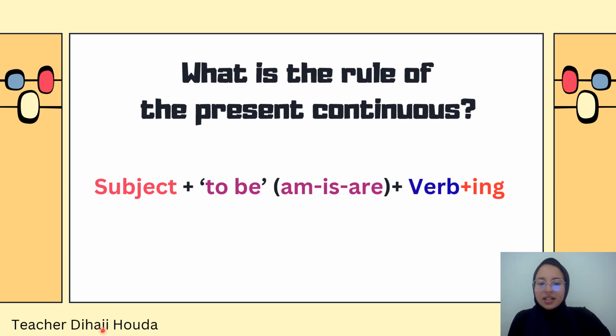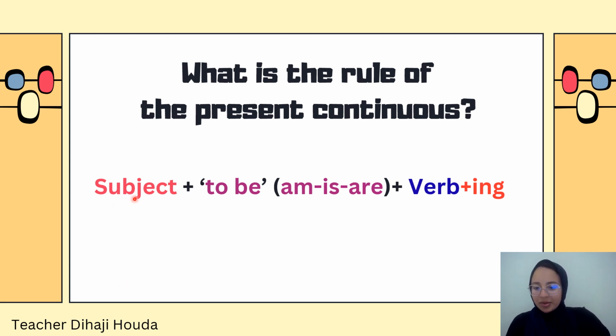As we have seen in the previous lesson, the rule of the present simple is pretty simple, which is the subject plus the verb. And the verb sometimes might take S when we have the subject pronouns she, he, and it. But for the present continuous, we have something different.